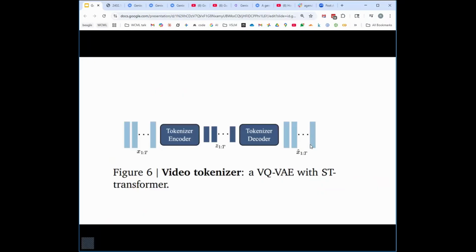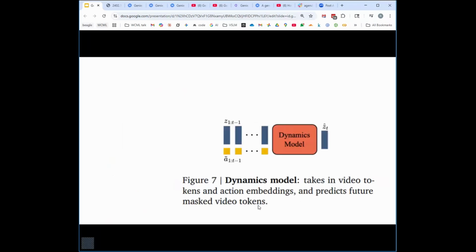Okay, so this was when they were training their encoder decoder, picture of that. And the dynamics model, once this is trained, takes the internal latent space, the full series of those. The dynamics model will generate the next time step. It also takes the whole series of the actions up to that point as well.